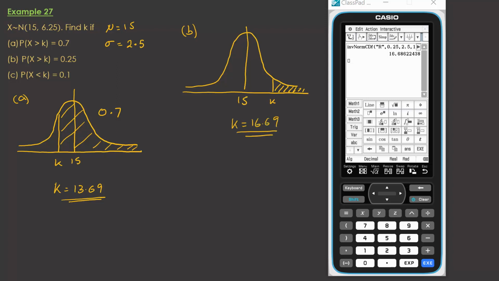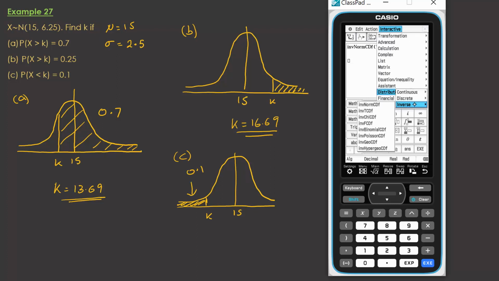And then finally, we want the probability of x being less than k is 0.1. So this is 15, k would be here, and this area here would be 0.1.